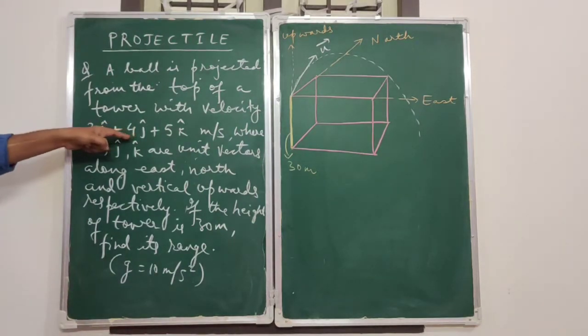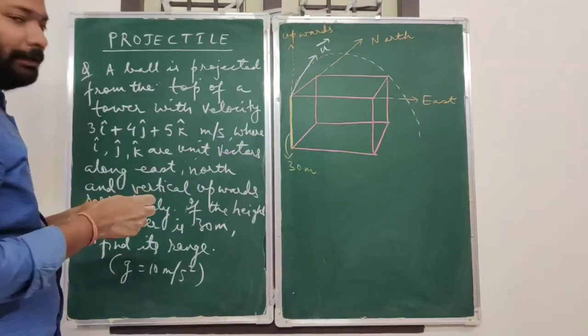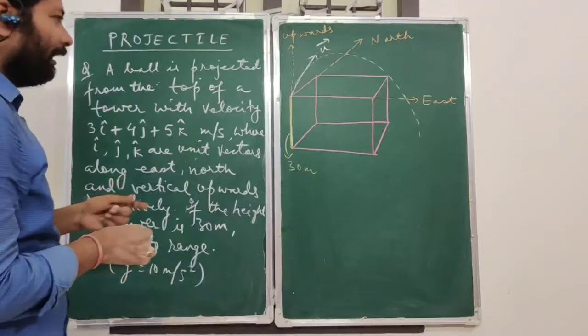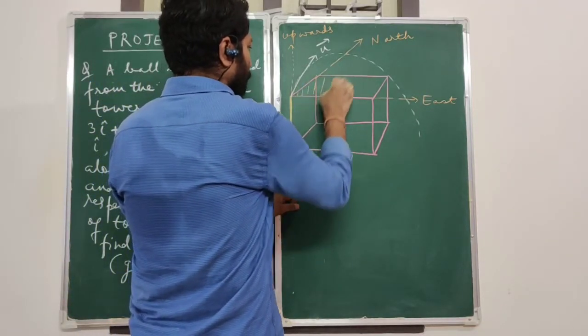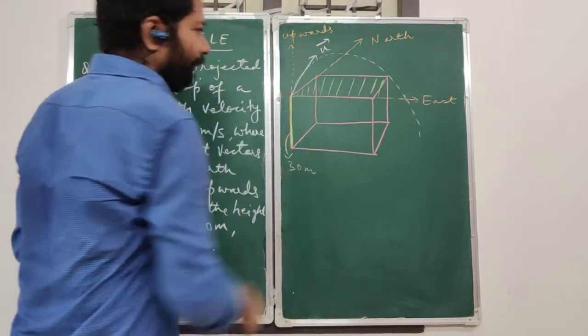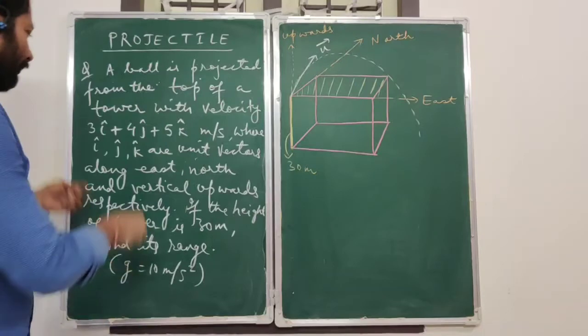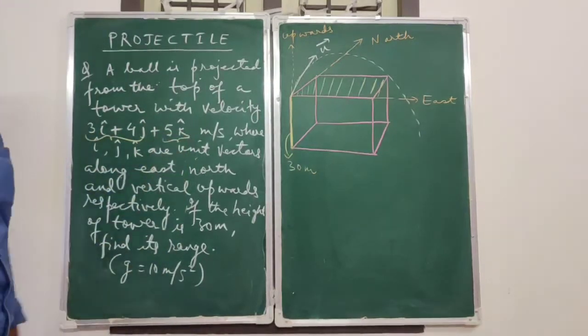Now you can imagine that this velocity is actually in two directions. One is along this plane, and another is in the vertical direction. So this has two components. One is 3i plus 4j, another is 5k.